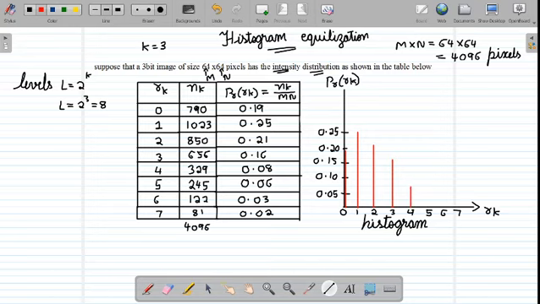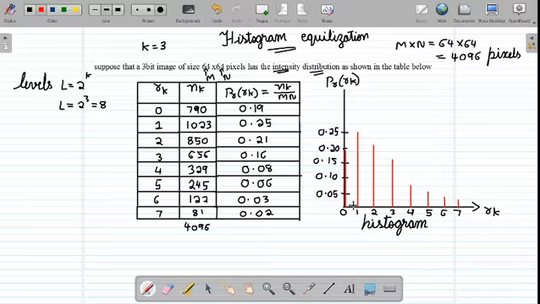And 5 is having a probability of 0.06, and 6 is having a probability of 0.03, and 7 is having a probability of 0.02. Okay, so now we have plotted the histogram.